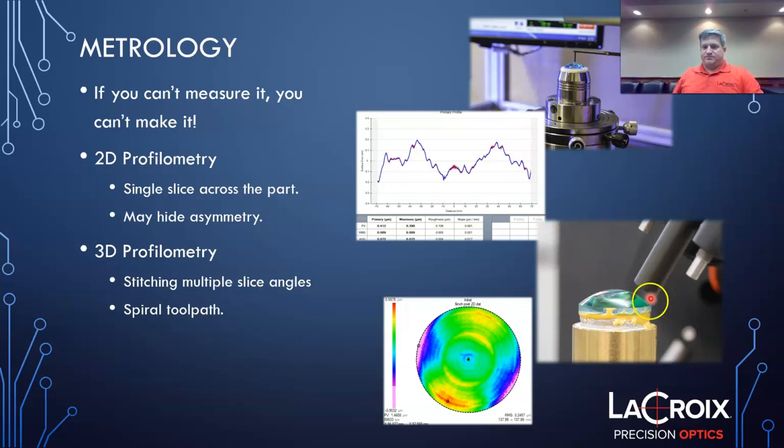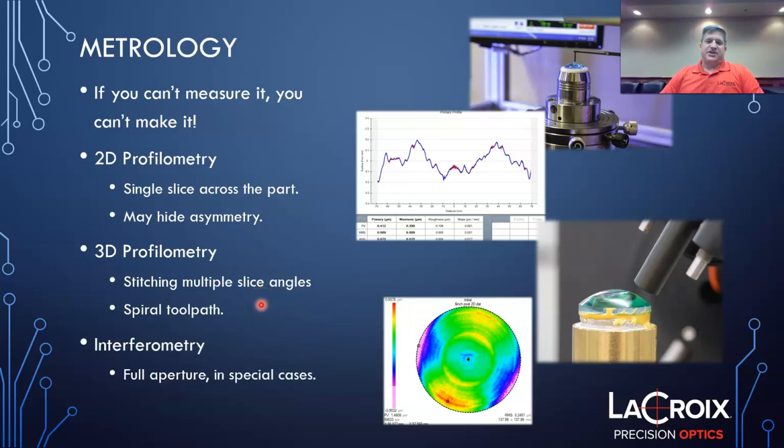We have a non-contact sensor here that does a spiral toolpath, just like for polishing and grinding, and it's taking data as it goes along and gives you this map of the ASPHERE and or the error in the ASPHERE. And so from that, if it doesn't meet specifications, we can feed that into our polishers or our MRF finishing tool and make the part better.